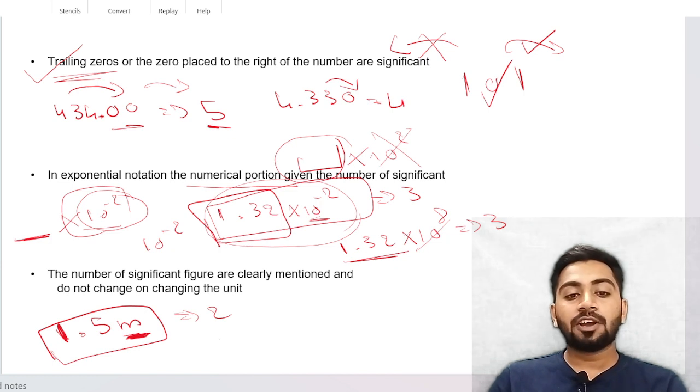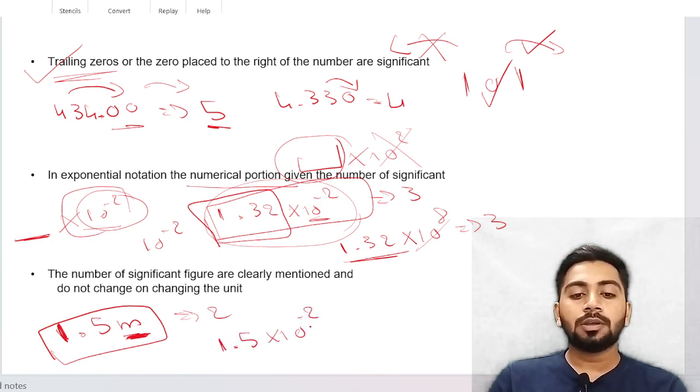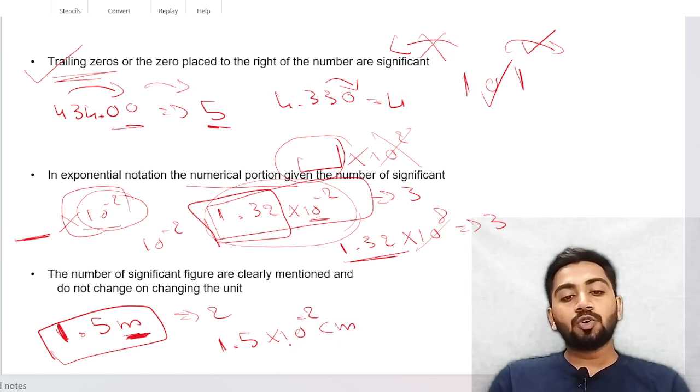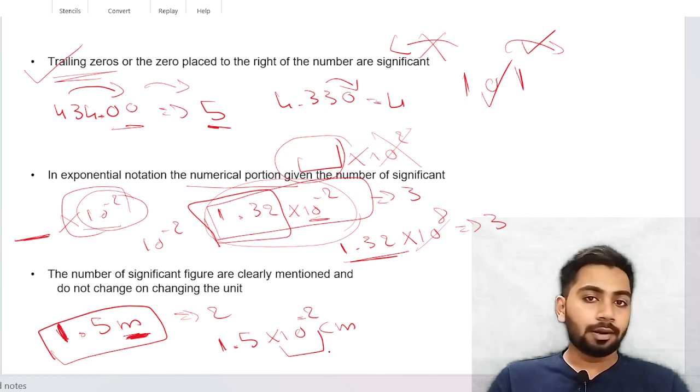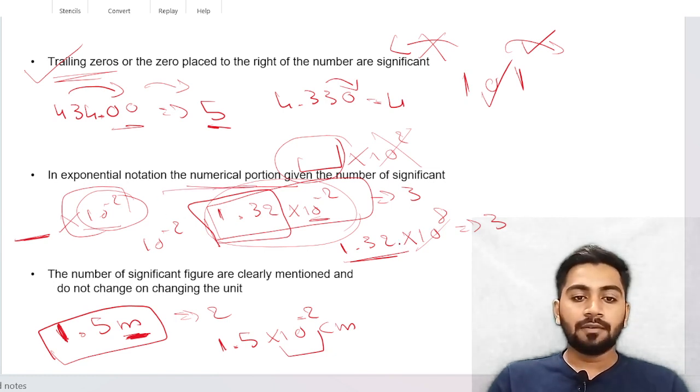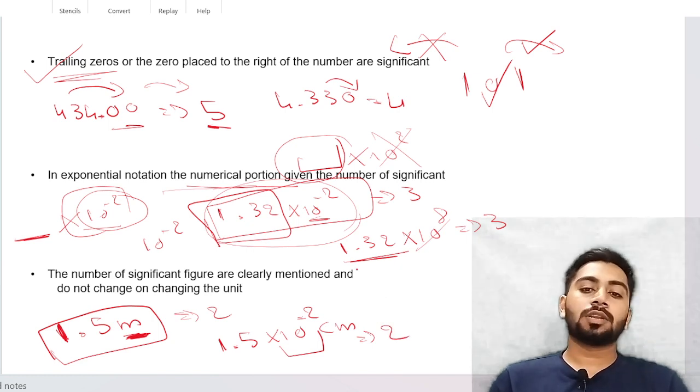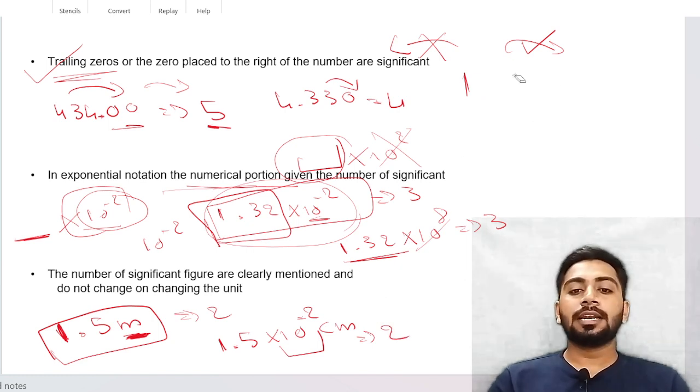How? Let's see. For meter I can write 1.5 into 10 to the power of minus 2 centimeter. Now do we count this value? Never. Never ever do we count it. Which means the significant figure is 2. Let us see one more example like this.